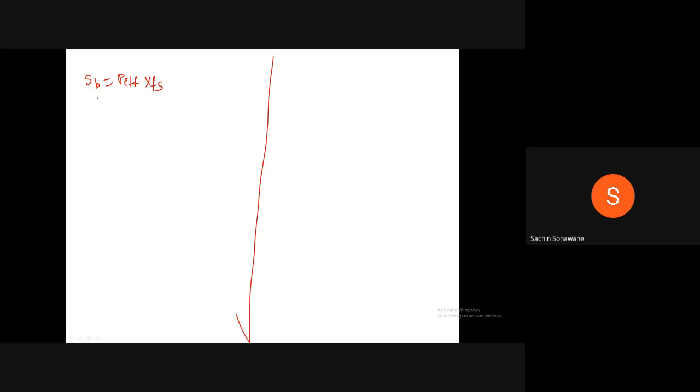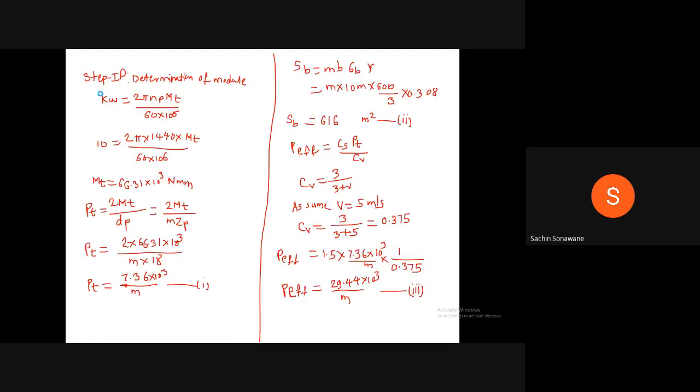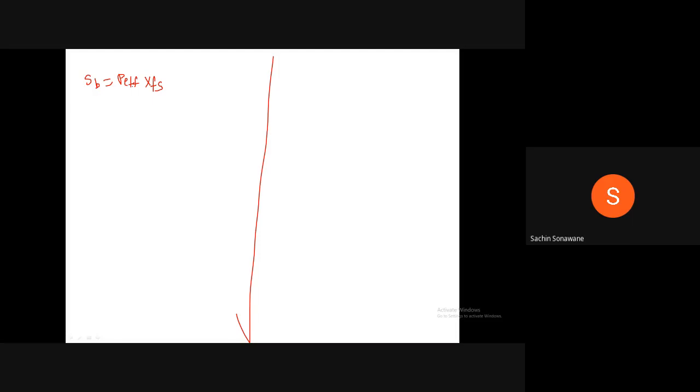Substitute the values. SB is equal to 616 m square is equal to 29.44 into 10 raised to 3 divided by m into the factor of safety, which is 1.5.